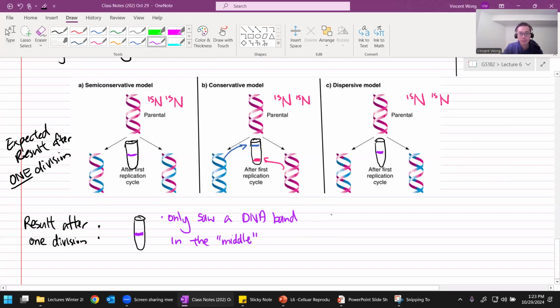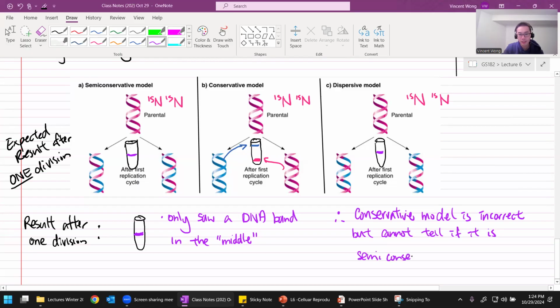Okay, so conclusion, therefore: conservative model is incorrect, but cannot tell if it is semi-conservative or dispersive, right? They don't know.